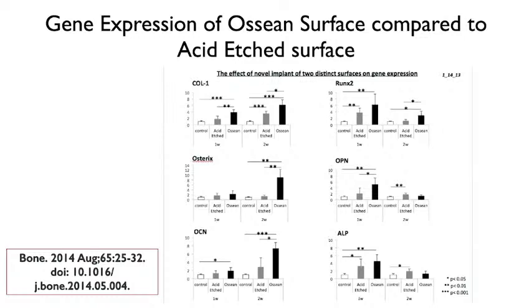So bingo, the hypothesis was confirmed. The surface alone favors bone formation and bone maturation, which is big news because it looks like the implant is not only osteoconductive, but it could also be inductive, which is huge.